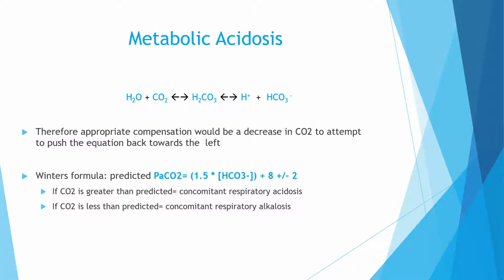For metabolic acidosis, we want to see if there's an appropriate compensation, which would mean a decrease in the CO2 to push the equation back towards the left. In metabolic acidosis, your H plus is up, your bicarb is low, and because the equation is already pushed to the right, you're going to try to consume some of your CO2 to push it back to the left.